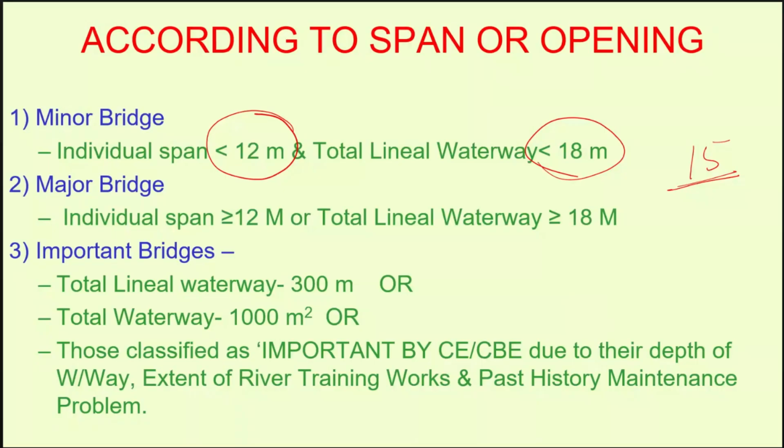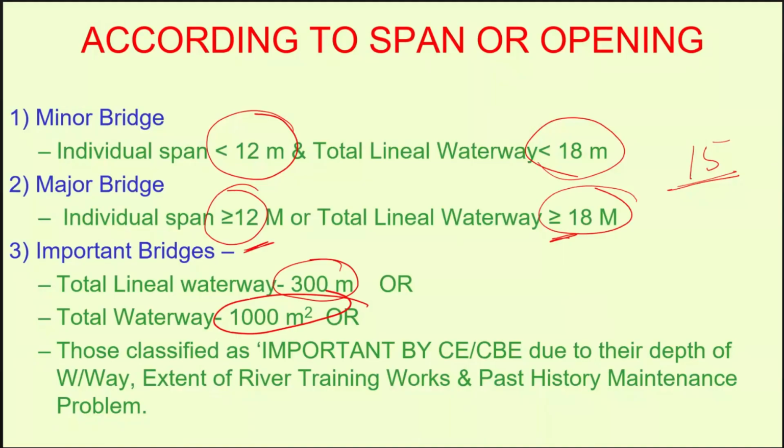A major bridge is when the individual span is greater than 12 meter or the total linear waterway is greater than 18 meter. So 12 meter or equal, 18 meter or equal, then it becomes a major bridge. An important bridge is when the total linear waterway is 300 meter or the total waterway is 1000 meter square.